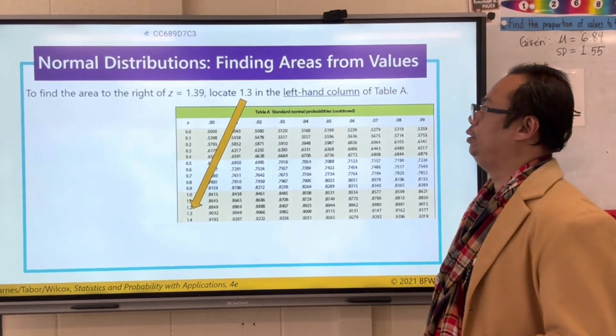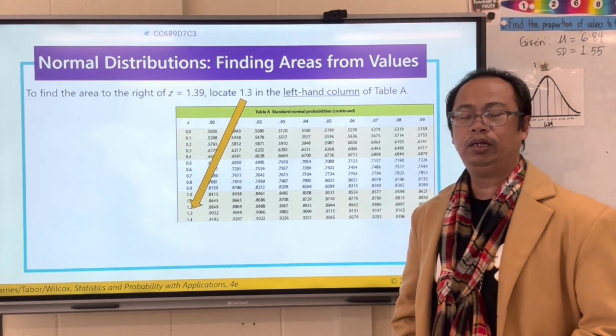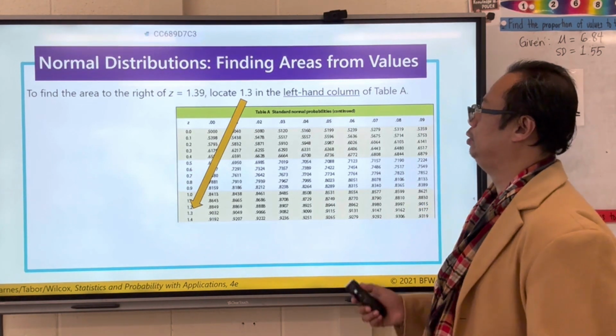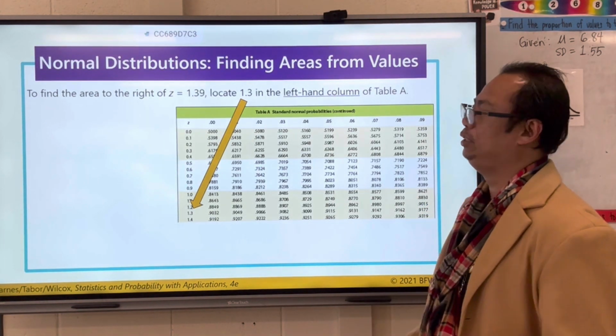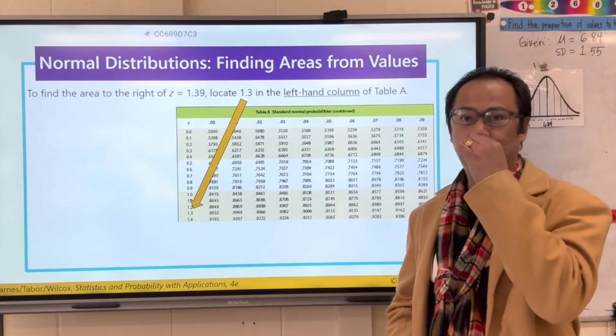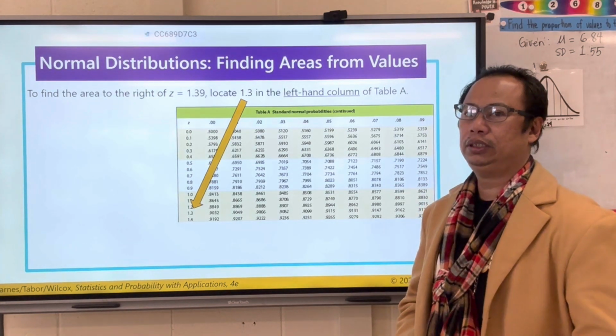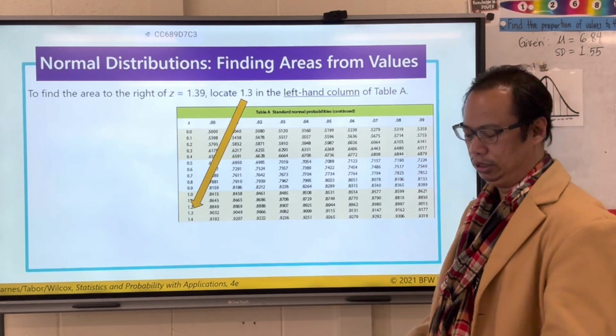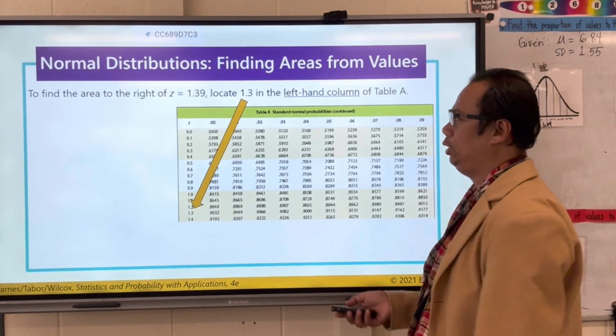So, upon getting the z-score of 1.39, we use again the standardized table. The first thing first, we check the first 2 digits, the 1.3. So we got that, 1.3. It's here now, 1.3.